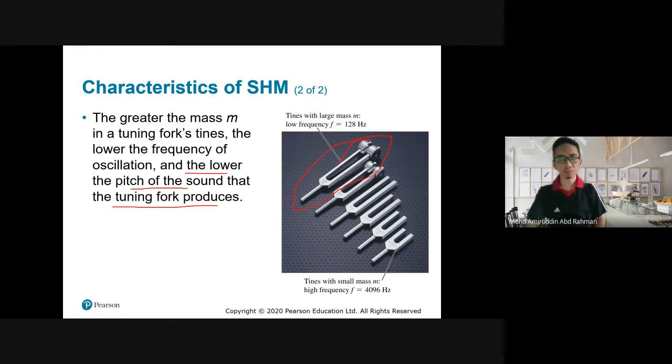That's what happens when we rotate, let's say, a small fan compared to a big fan. You can hear that.